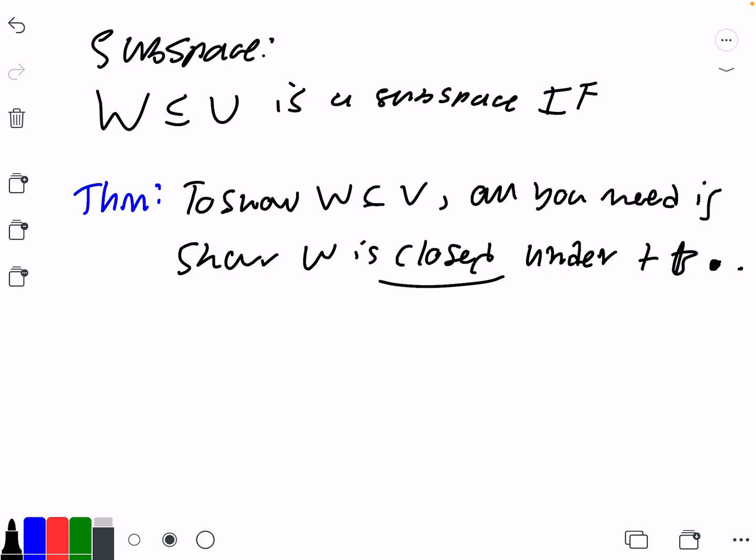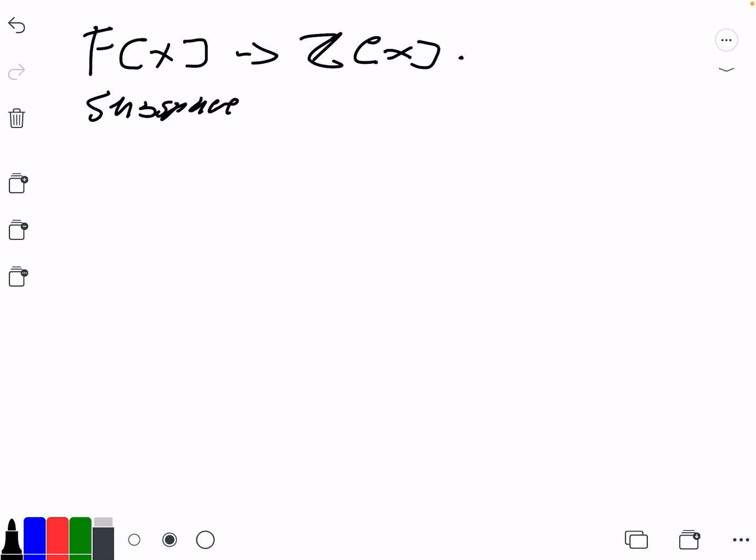So let's look at another example. Let's take the same thing from before, this set of polynomials with coefficients in the field. Let's use the integers, so let's do Z[x] here. So what is a subspace? All polynomials p such that the degree of p is less than or equal to 2.